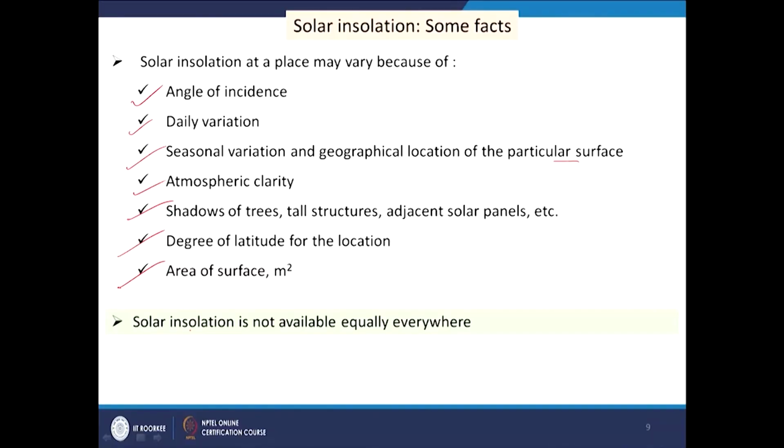The surface we consider for collecting the solar radiation also influences it. Solar insolation is not available equally everywhere in the world, because all those factors are not equal, they are variable. That is why solar insolation is different from place to place.